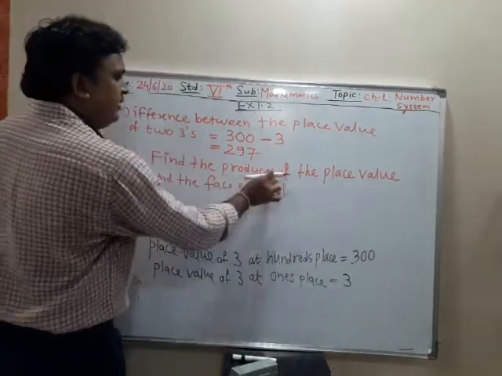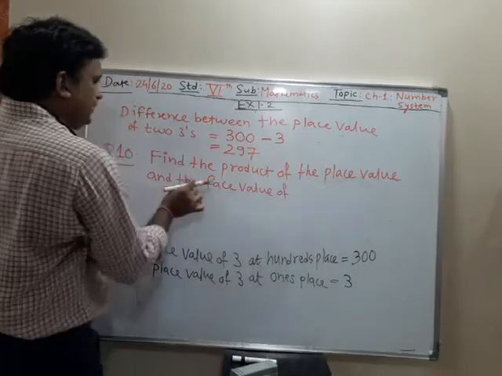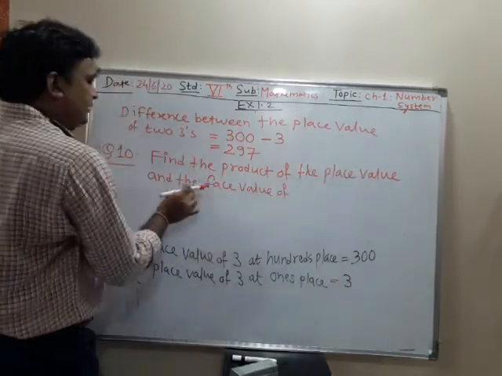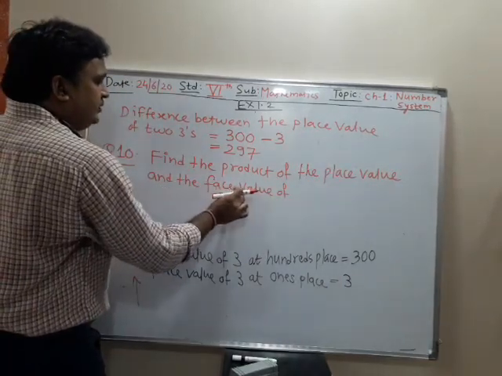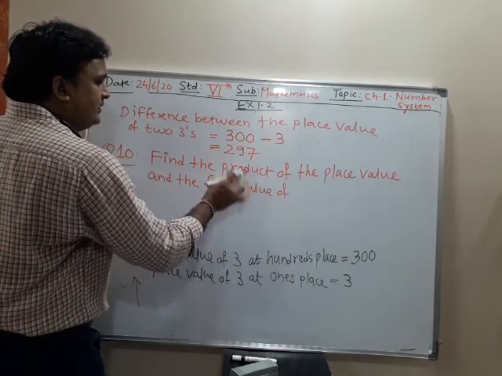Product means multiplication. Place value means position value, and face value means mirror value, which remains the same.